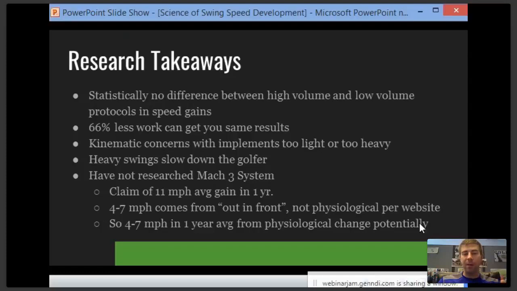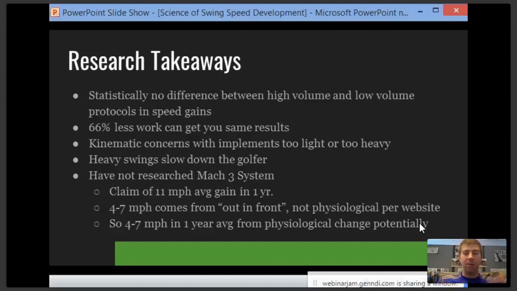And they say that about the first 4 to 7 miles an hour comes from the idea of maximizing speed, what they call out in front. So that's not a physiological change. That's what they'd say. You get that in the first session, and even if you stop doing the system, they say that you'll maintain that. So we haven't tested that, so I'm just telling you what their site says. And from talking with Mike, that's what he says.